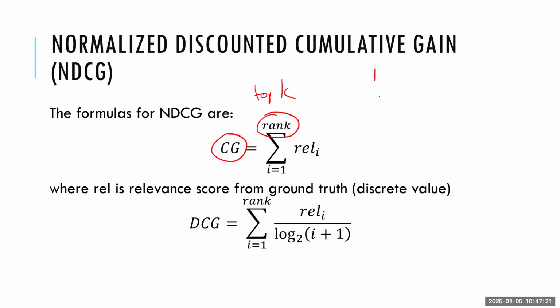So maybe top 3, you have D1, D2, D3, and then your relevance scores would be, let's say, 1, 1, 2, 0. And your CG for this particular query is going to be 3, right? Basically, you just sum up the relevance scores of your top K results.